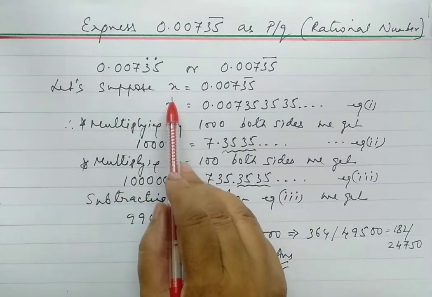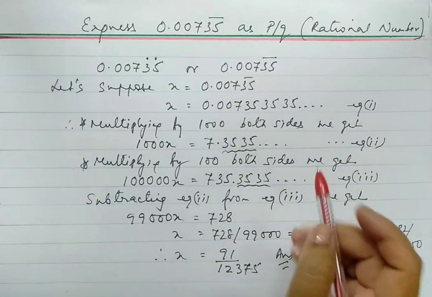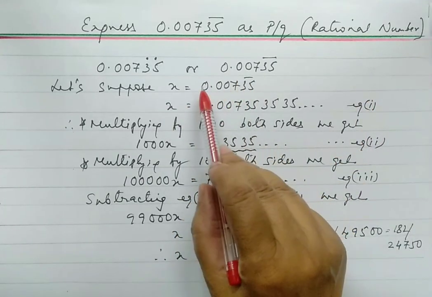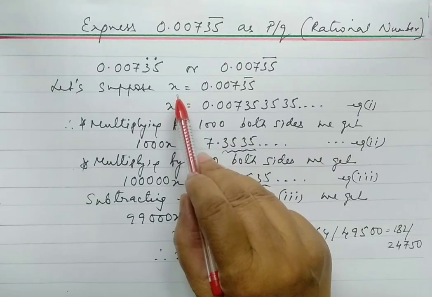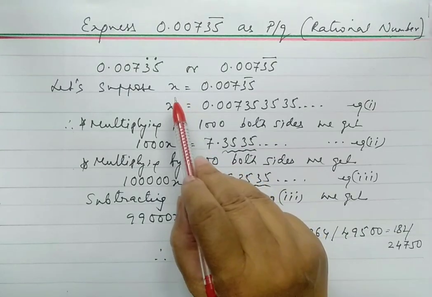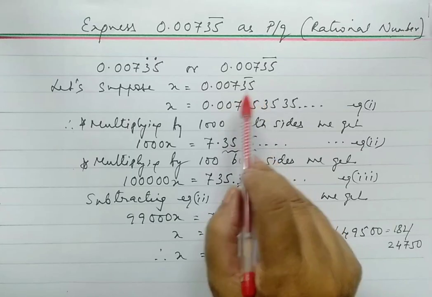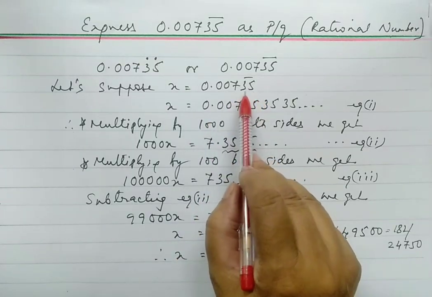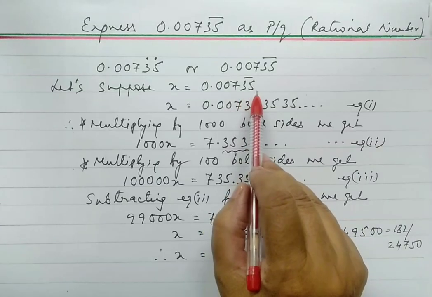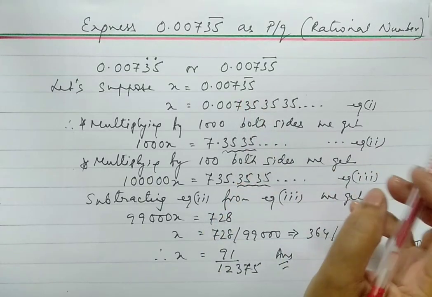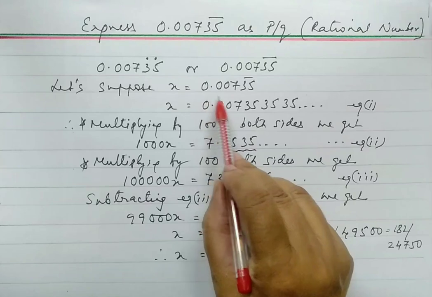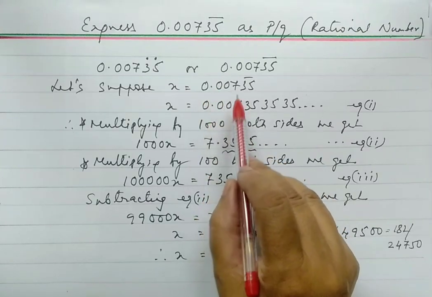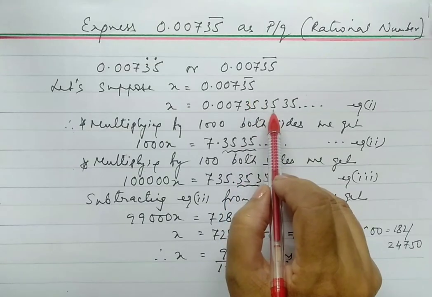Now, let's suppose x to be equal to this. This is the first step, remember? So we suppose this to be equal to x. Now x equals this means, in other words, if we expand this, since we have the bar over 3 and 5 as well, can we not write this whole thing as 0.007353535?